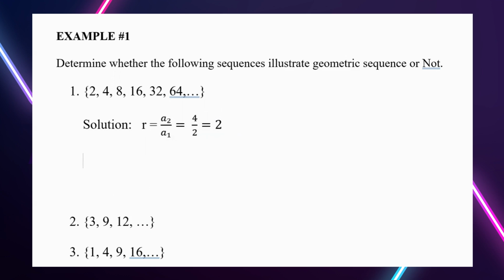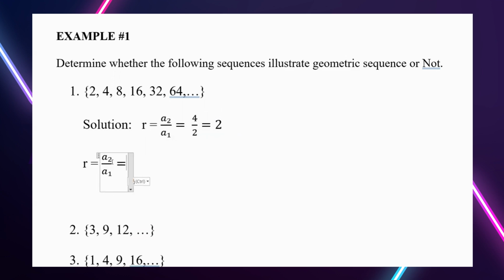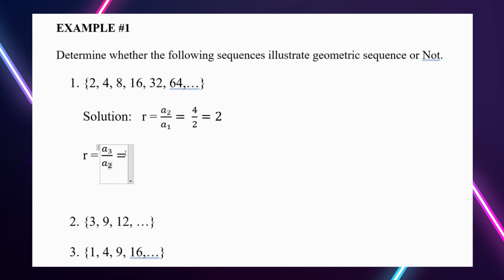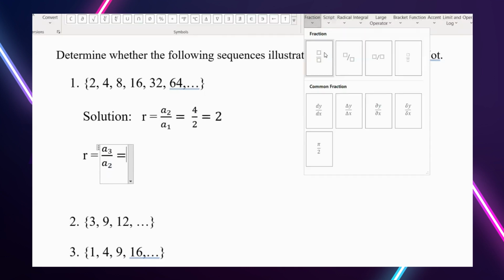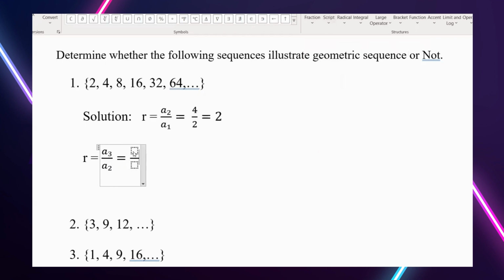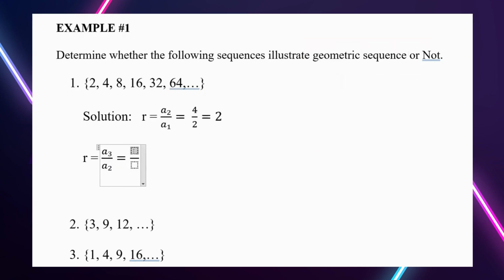Next naman is the third term divided by its preceding term, which is a sub 2. So therefore, the value of a sub 3 is 8, and the value of a sub 2 is 4. So 8 divided by 4 is equal to 2.